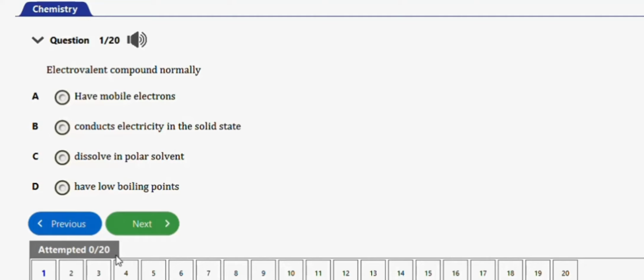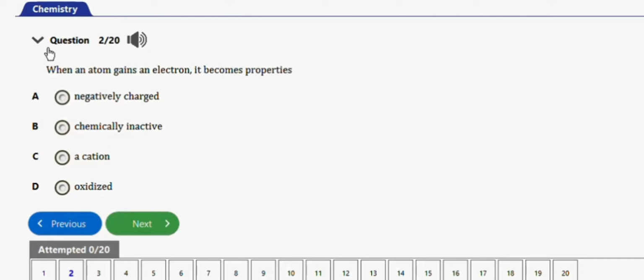The next repeated question will be this one. It says when an atom gains an electron, it becomes: properties negatively charged, chemically inactive, a cation, or dies. So when an atom gains an electron, its properties become negatively charged.